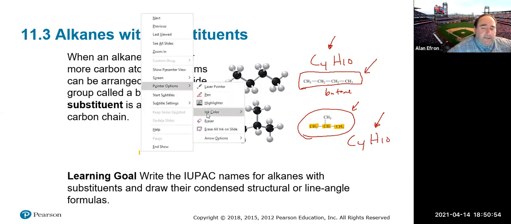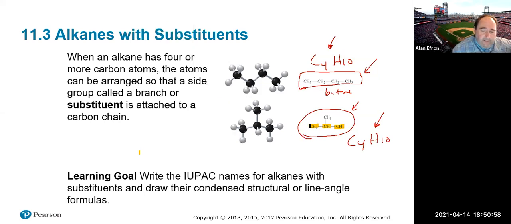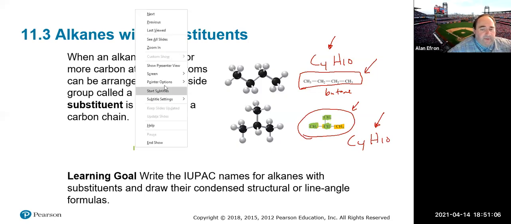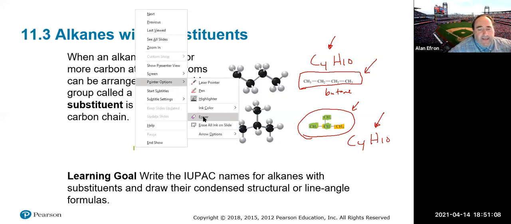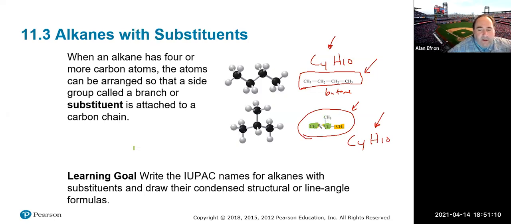Does the longest continuous chain have to always be the straightest? It doesn't. What happens if I went 1, 2, and then went up? That is also 3. So when you have a structure that you need to figure out the name for, you always want to find the longest continuous carbon chain.